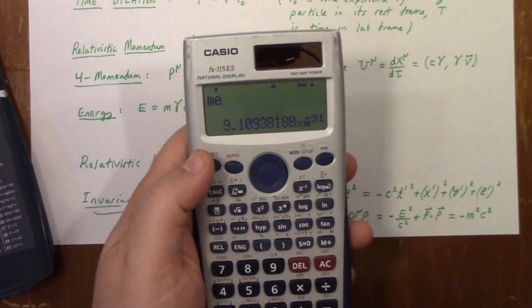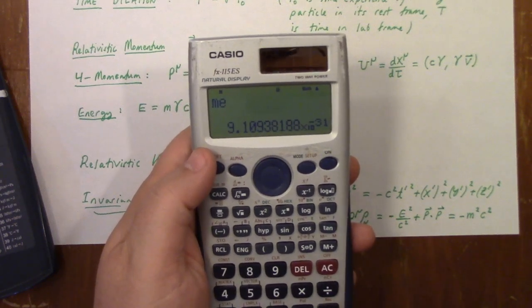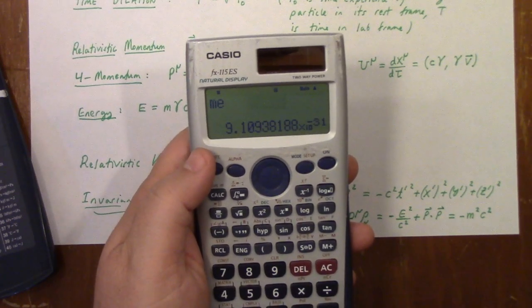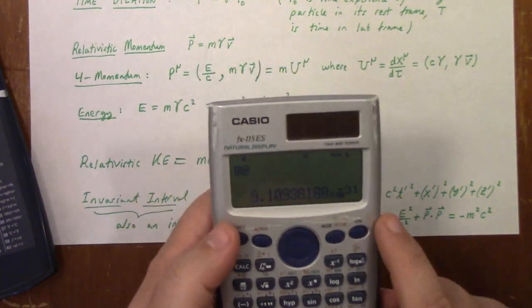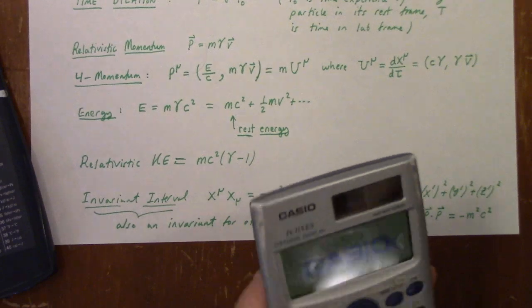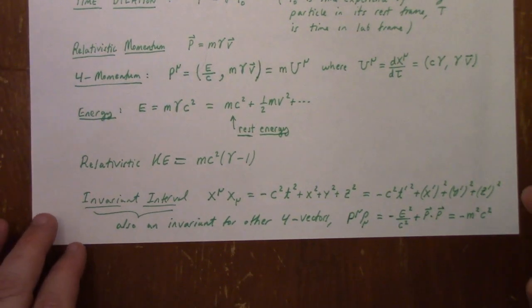Yeah, that's right. 9.11 times 10 to the minus 31 kilograms. There you go, that's the mass of the electron. Lovely. Now sometimes you'll see these masses given in other units, but let's not get into that. There's no need to teach a course of chemistry here. So anyway, that's the mass you need for that problem, okay?